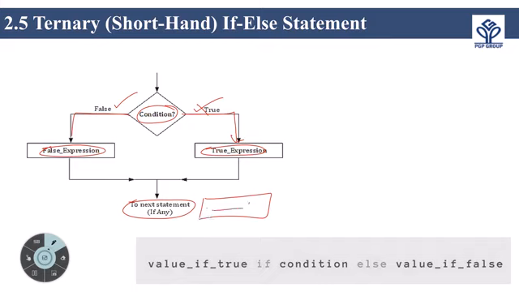Check the syntax for ternary: value if true, if the given condition is true, otherwise if false, we go to the else part, value if false. Clear? The entire expression is given in a single statement, that means shorthand. Clear?